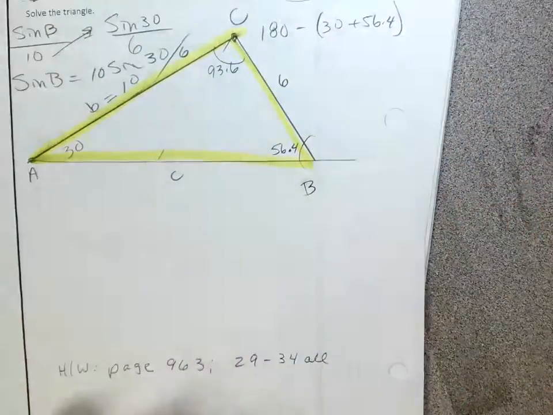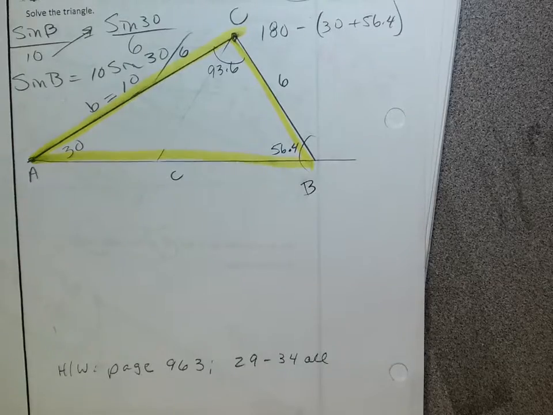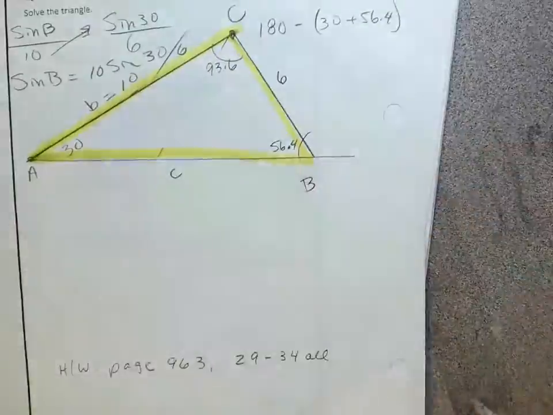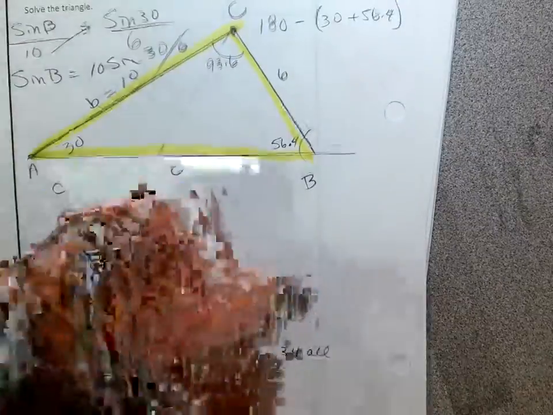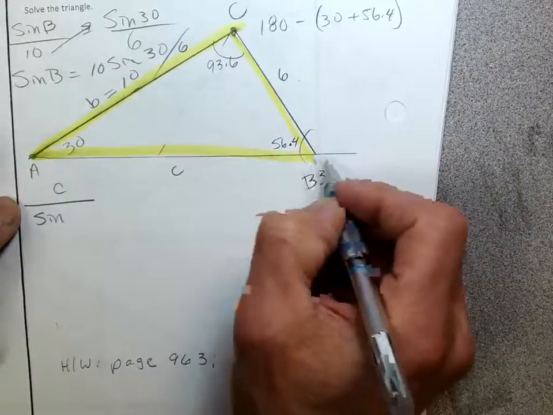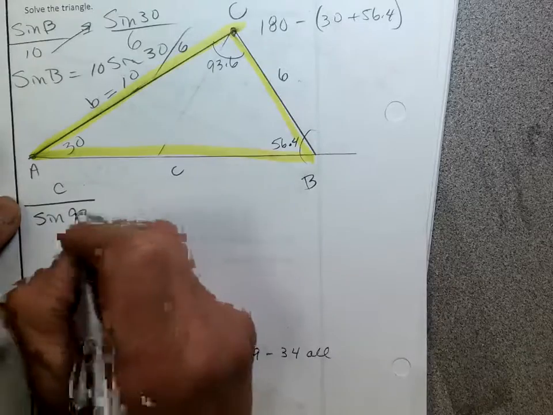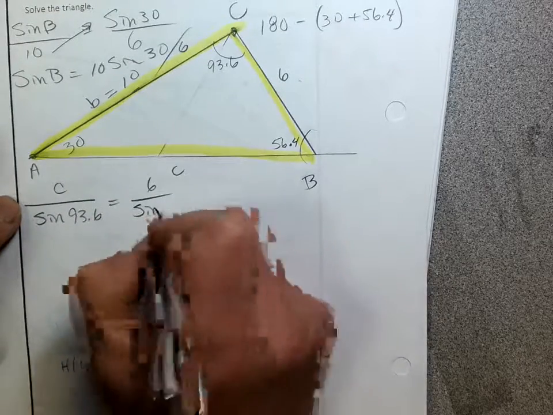Right? And then the last thing to find on this triangle is little c, that side c. So again, law of sines. I've got my opposites, so I'll set up little c over the sine of 93.6 equals my 6 over the sine of my 30.